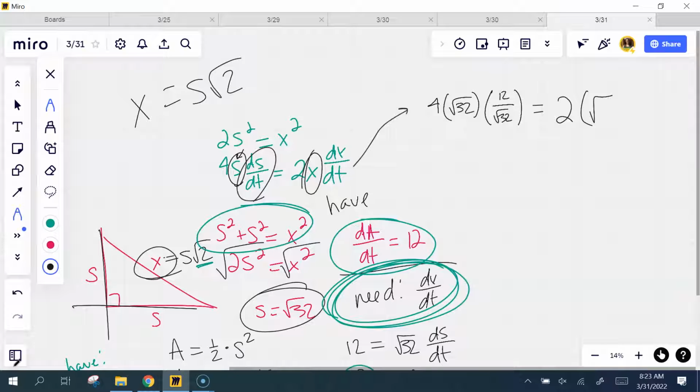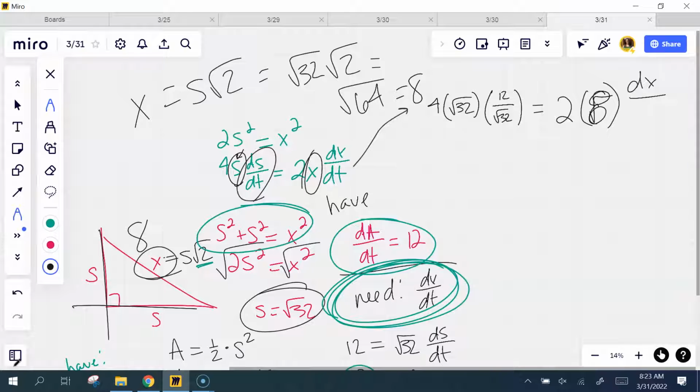So if s is the square root of 32 times the square root of 2, that'd be the square root of, come on, y'all, which is, solve it for dx. 48.